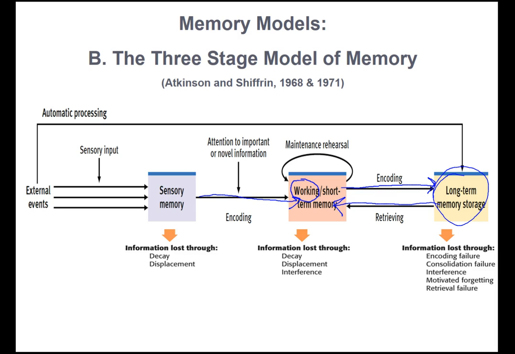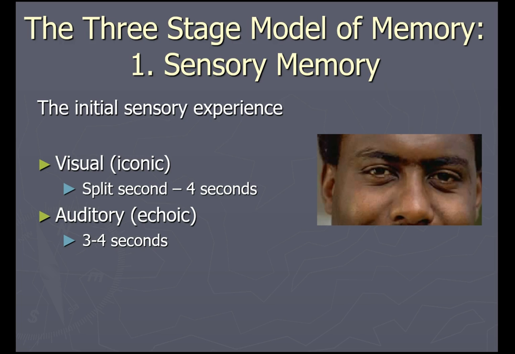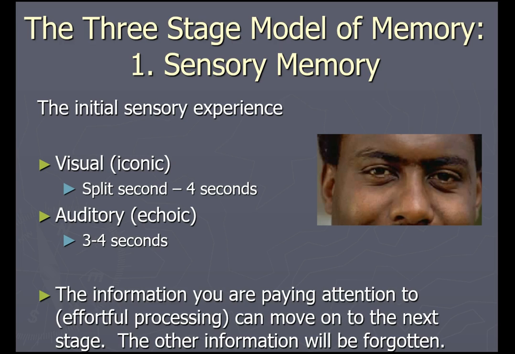So just to kind of review a little bit here, the sensory memory is the initial sensory experience that gets stored less than 4 seconds. Visual information is typically gone in a split second, but up to 4 seconds, I suppose.